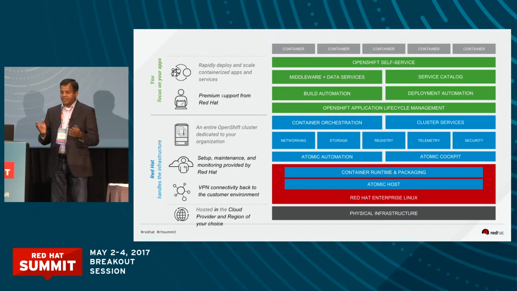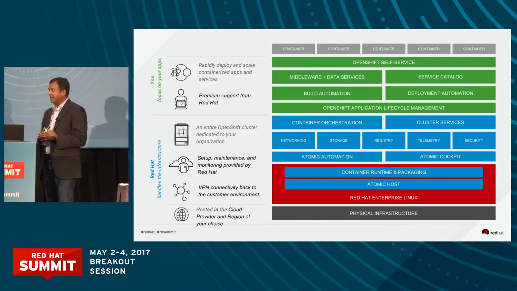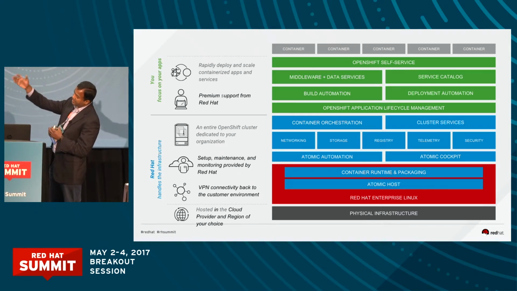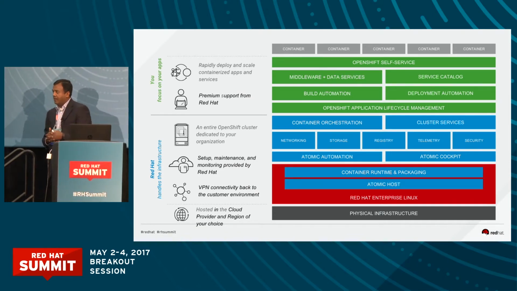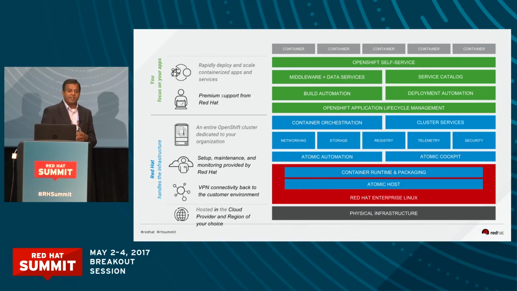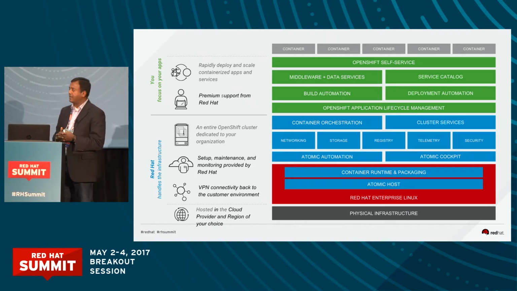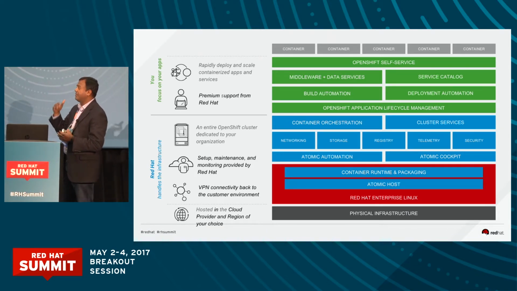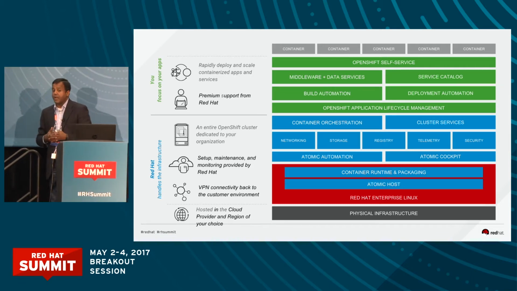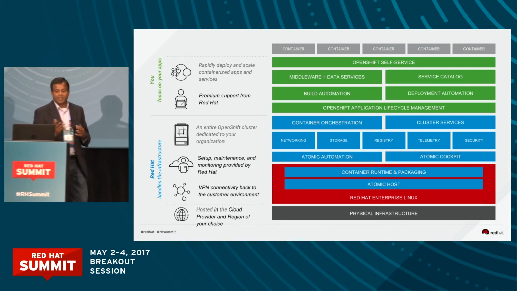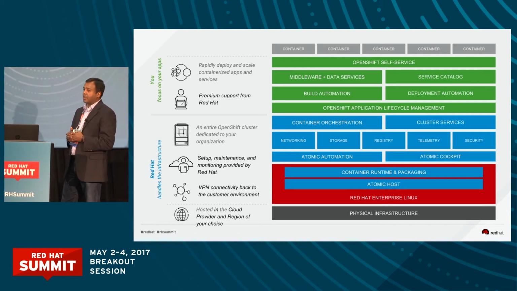So this slide, I'm sure you're familiar with it. You've seen it. What you haven't seen is what we have in red and green on the very left of the slide, where we tell you what we manage. When you get Dedicated, we manage the entire OpenShift platform for you. The only thing you really need to manage is the application that's running on OpenShift.